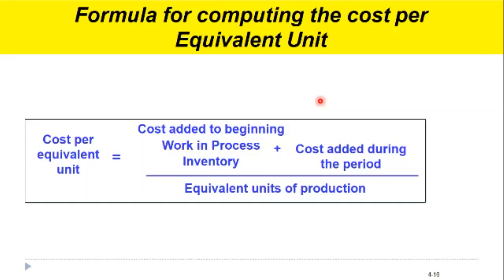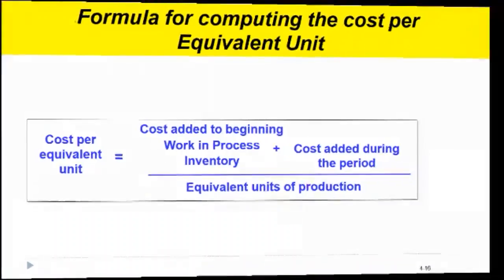Okay, if you don't quite get this part here, when we work our worked example, you would see it very clearly. So don't worry too much about it at this stage.